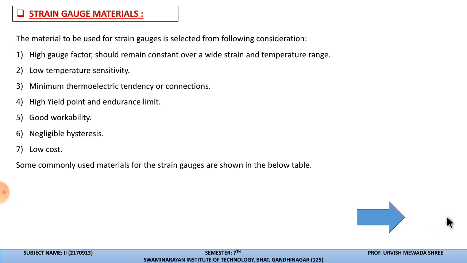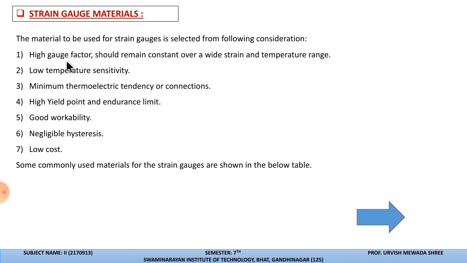It should have good characteristics, means the material to be used for strain gauges is selected from the following considerations. It must satisfy these considerations, and then we can use the strain gauge material for the strain measurement.